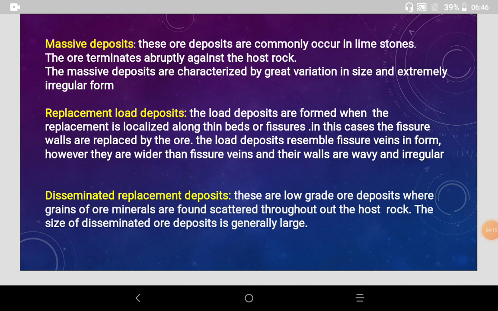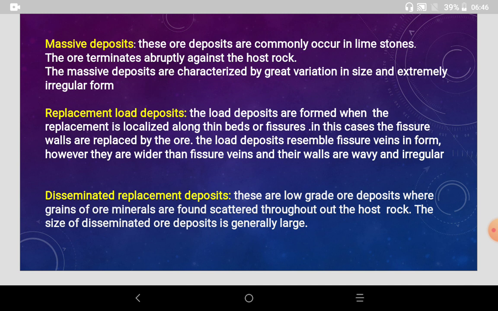The texture of replacement ores depends upon the temperature and pressure of formation and the degree of replacement. Coarse texture is characteristic of high temperature and pressure, while fine grain texture is developed at low temperature and pressure. When replacement is complete, a hollow crystalline texture is developed.